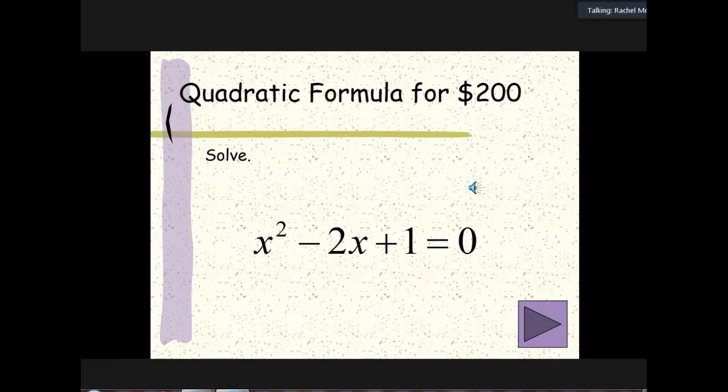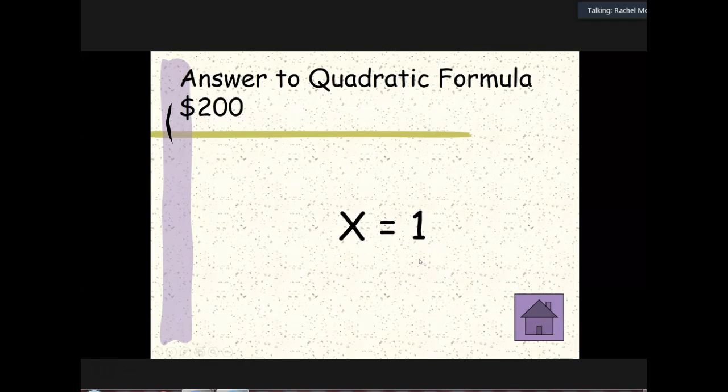Alright, so your discriminant was 0. The minute your discriminant is 0, it means you only have one solution. And that solution was 1. You're fine.